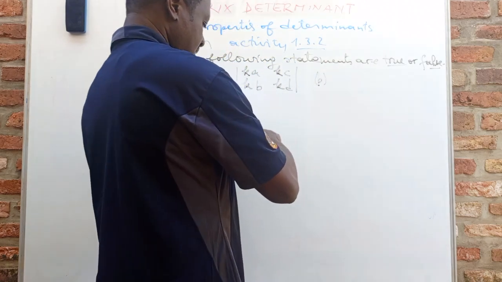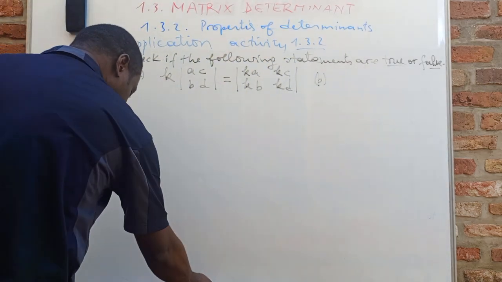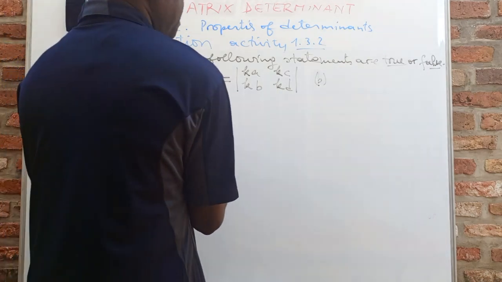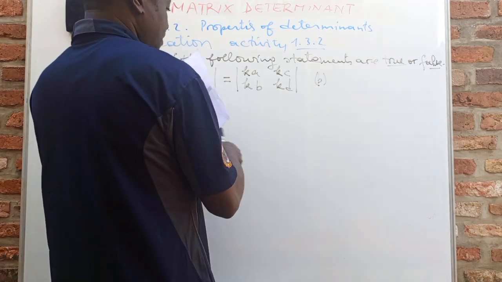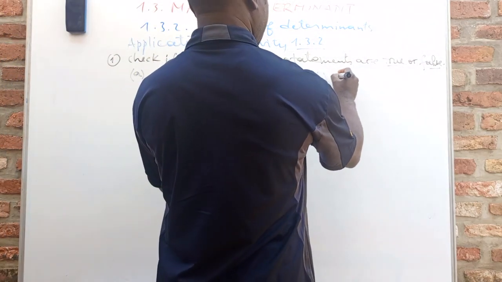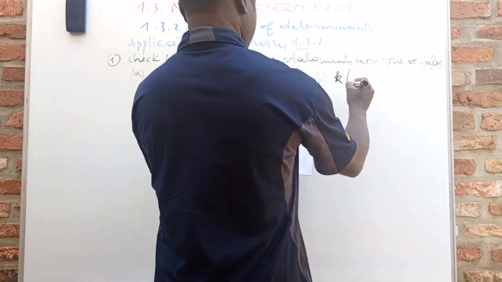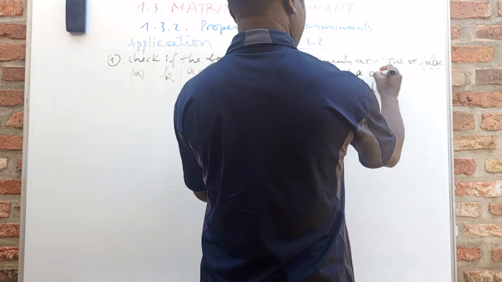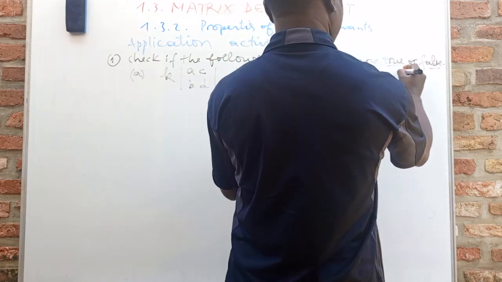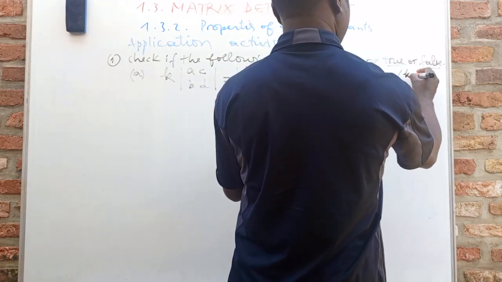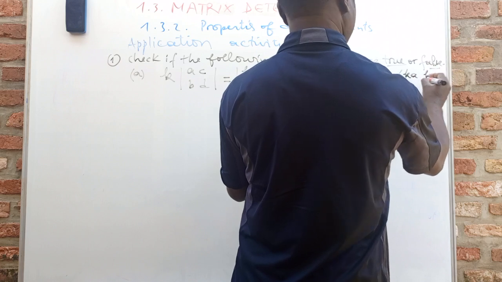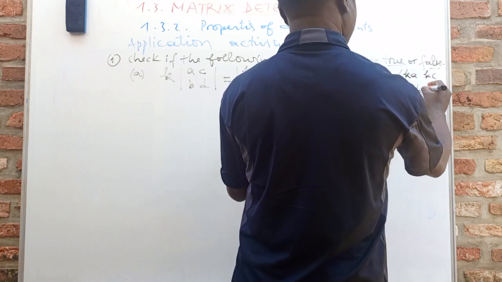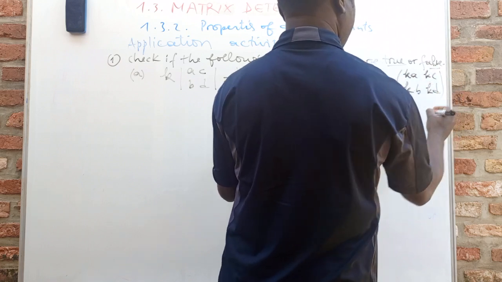Check whether k times matrix a, c, b, d is equal to ka, kc, kb, kd. Okay.